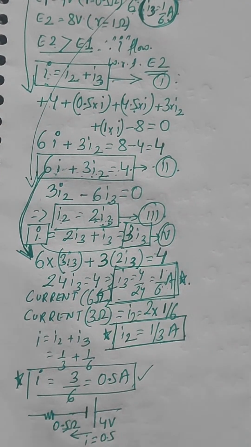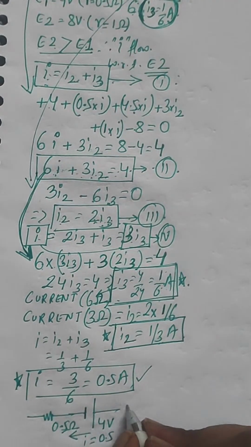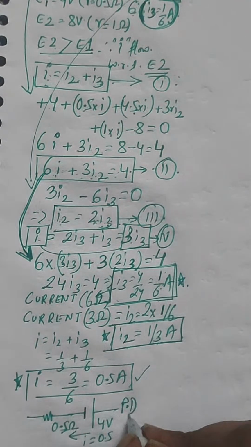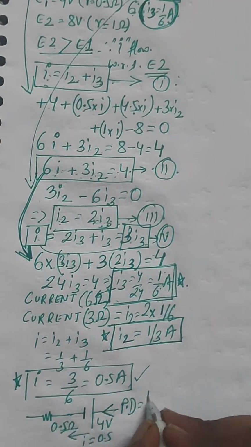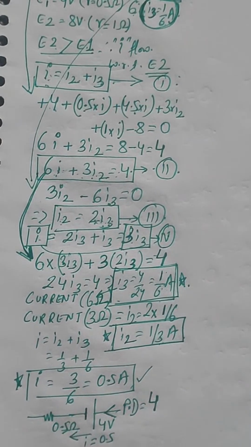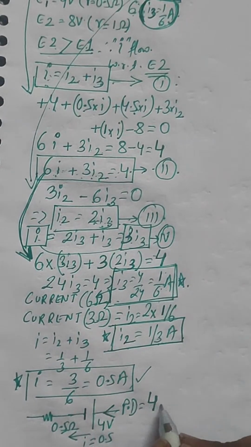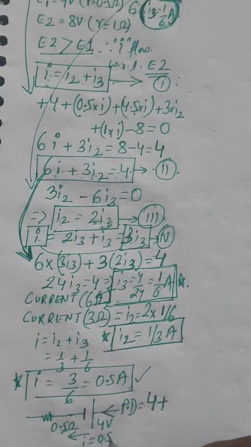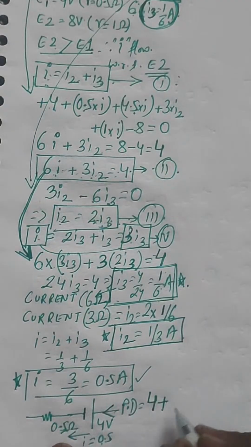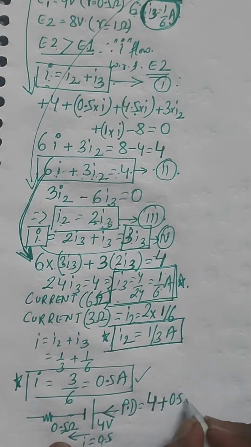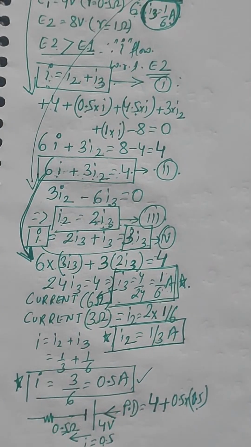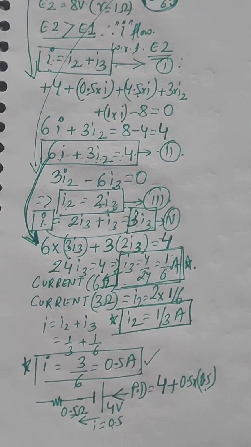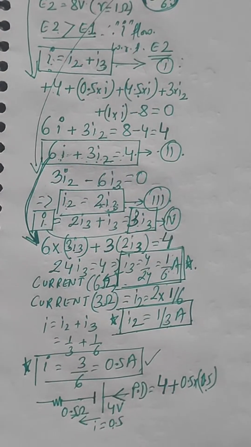So here you can see the potential difference is nothing but, if you are going from right to left, 4 volt of the battery, plus 0.5 ampere into 0.5, that is current into this internal resistance.